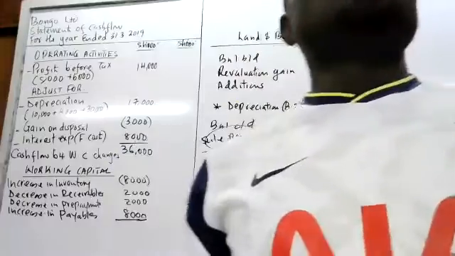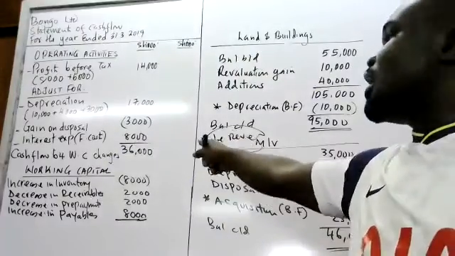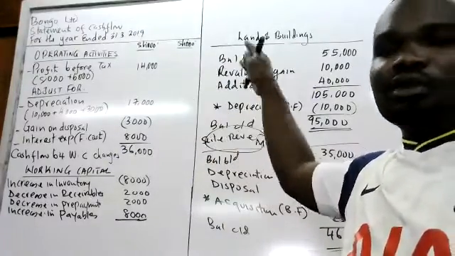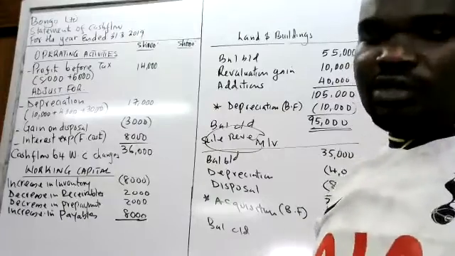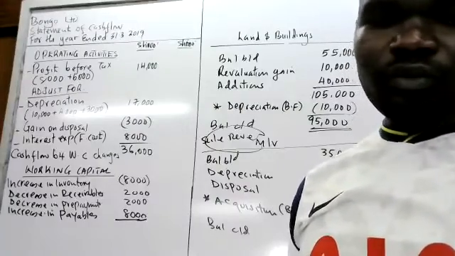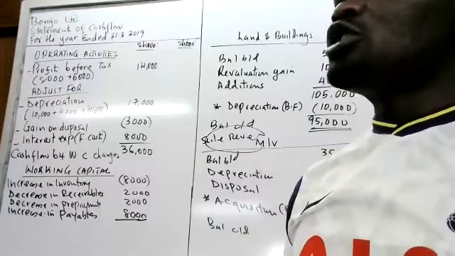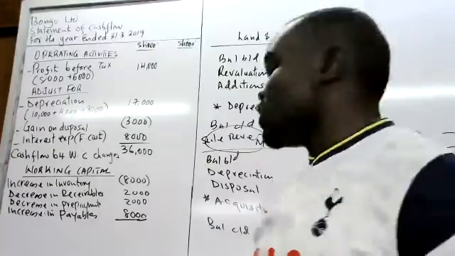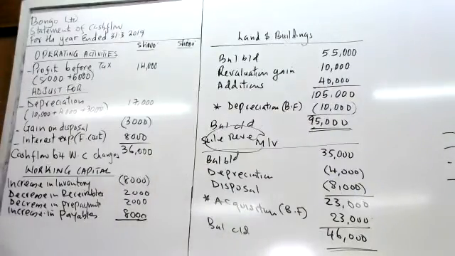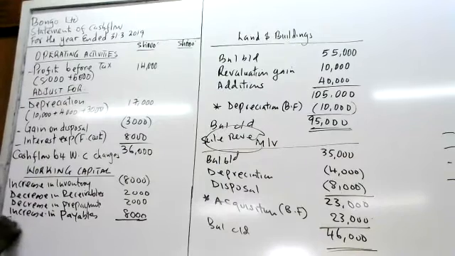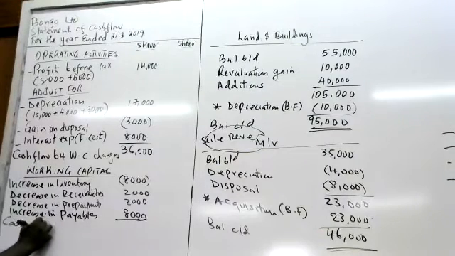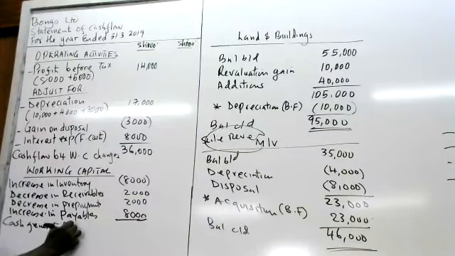So get me that aggregate, start from 36, adjust all that. 40. So 40 is called cash generated. Cash generated from where? From operations.